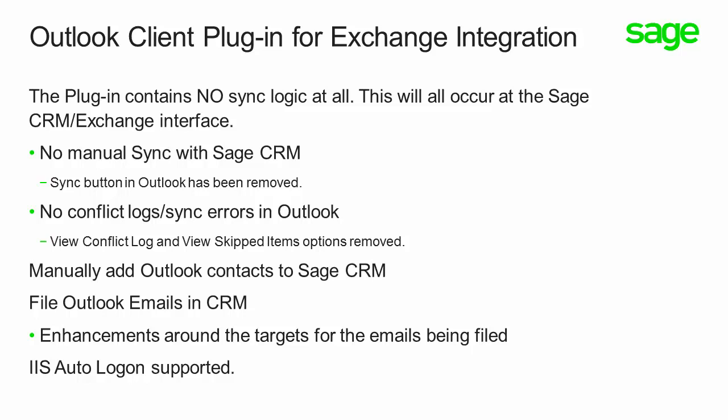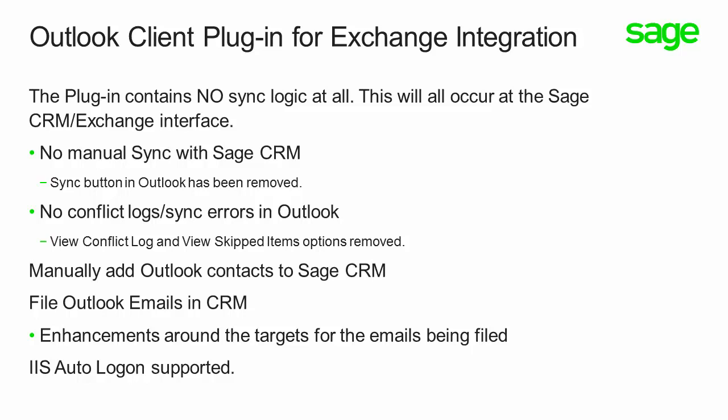Now, if we summarize what we've got here with the Outlook Lite plugin, the plugin contains no sync logic at all, and this is because all the synchronization is taking place between the Exchange server and the Sage CRM server directly. So there's no manual syncing inside Sage CRM.